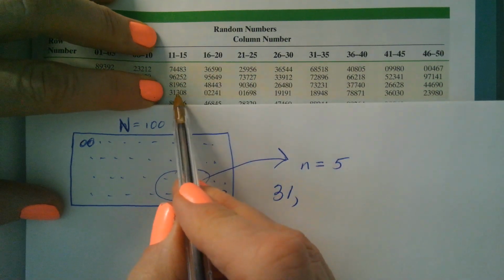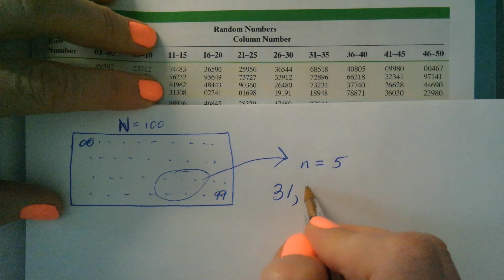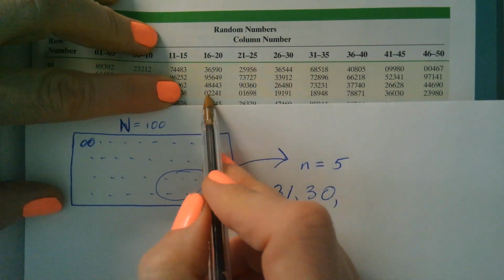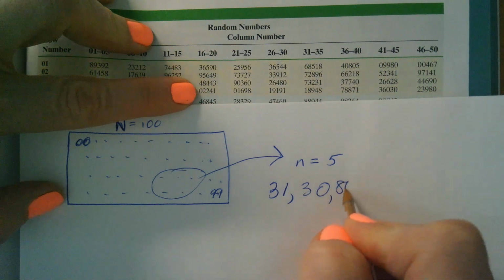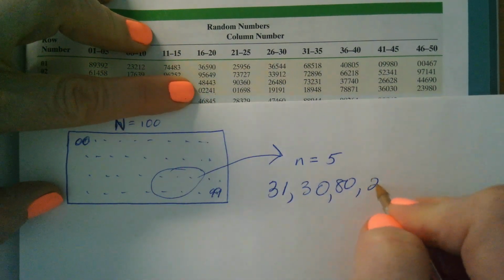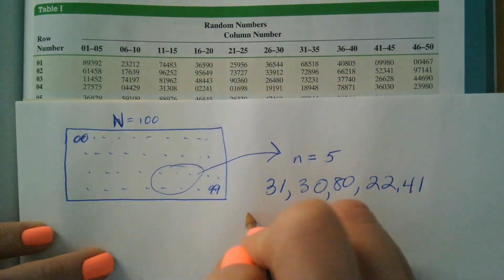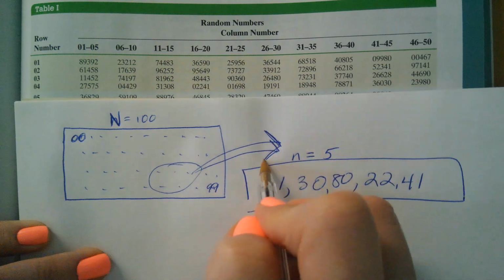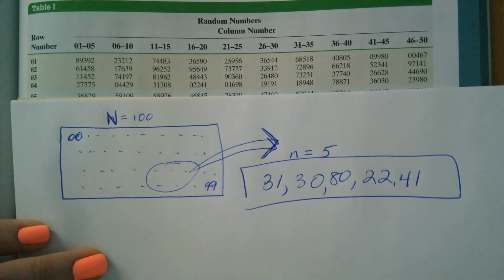The next person to be selected will be number 30. The next will be number 80. The next person will be 22, and the last one will be 41. So those 5 people would be selected for my sample.